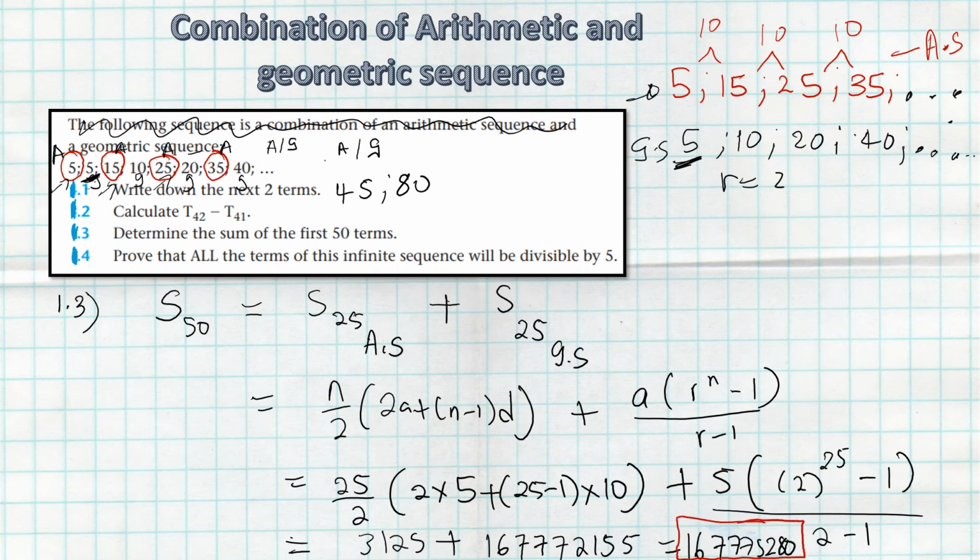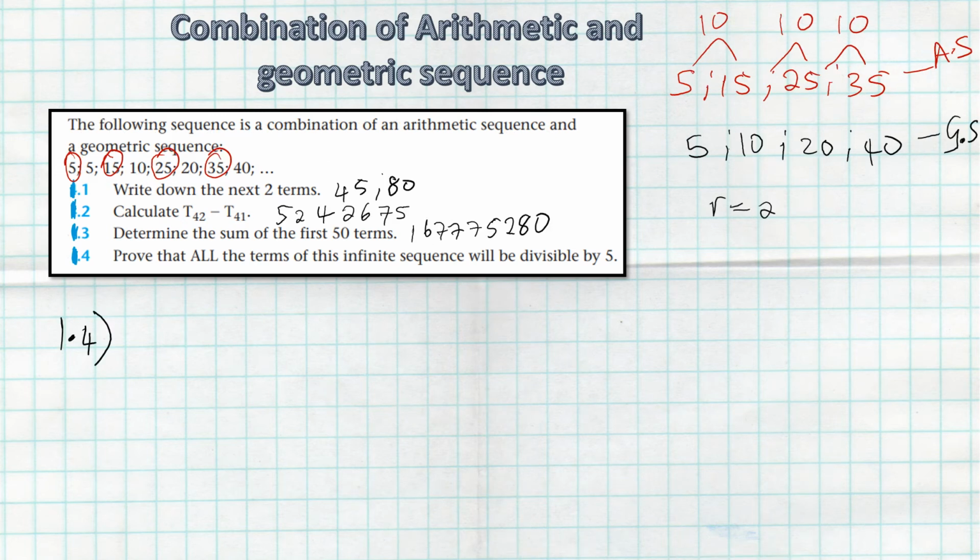So don't forget, we were dealing with what? With a combination, and we said if you need to get the sum of the number of terms that they have given you, you have to split it into two. You get the sum of those ones, and you get the sum of the other sequence like that.